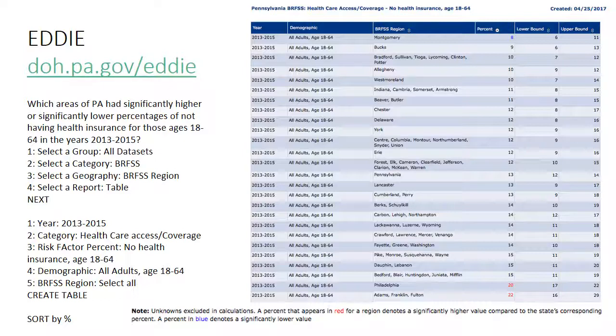One of the main systems that is really useful on the PA Department of Health is called EDDIE. This is the Enterprise Data Dissemination Informatics Exchange. It's an interactive health statistics tool that creates customized data tables and other graphs and charts and maps to help empower health professionals to use data and statistics to inform their policies and program decisions.